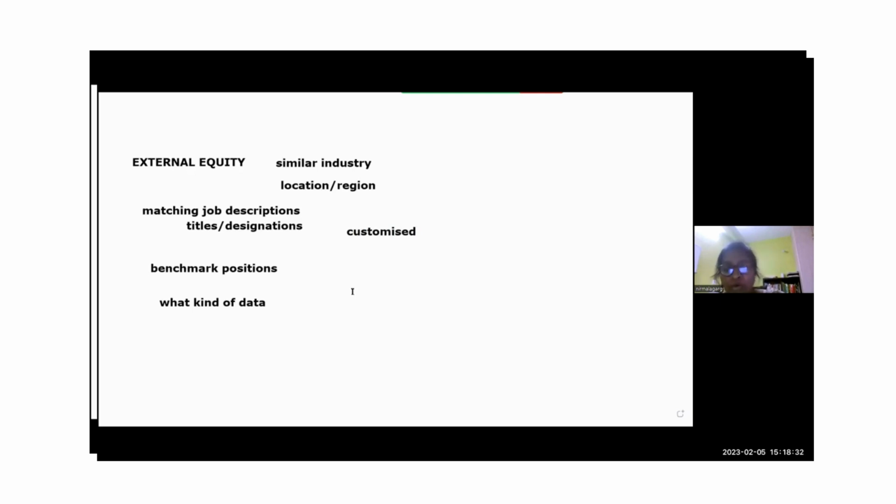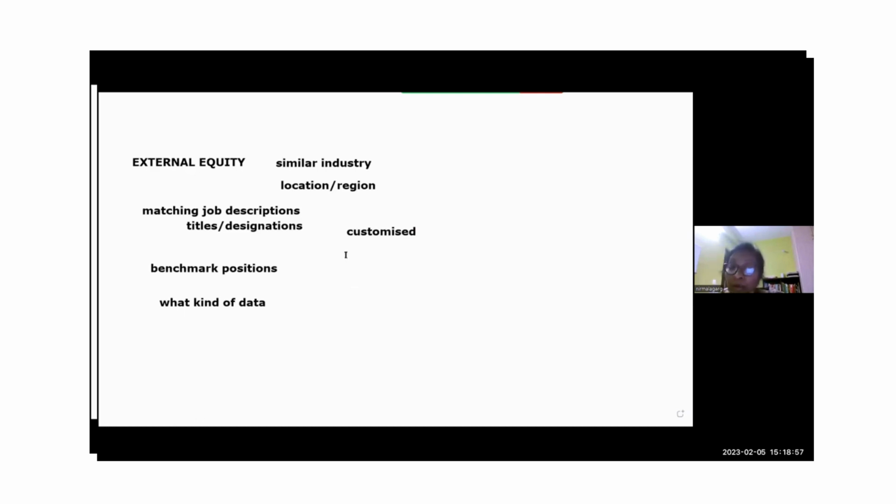When you are having a huge issue in terms of not being able to attract talent, your positions are lying vacant for 6 months to 1 year, and there's high attrition. When you are losing people and not able to get people, then you really want to know, what's the kind of salary am I paying? That's the time you want to get a focused customized survey.